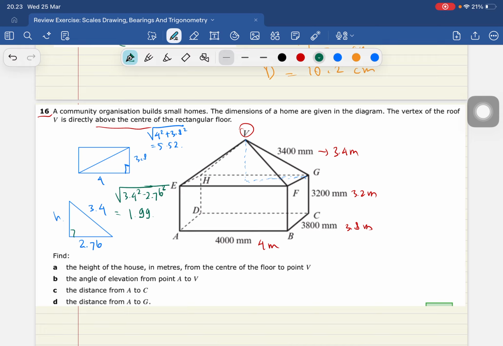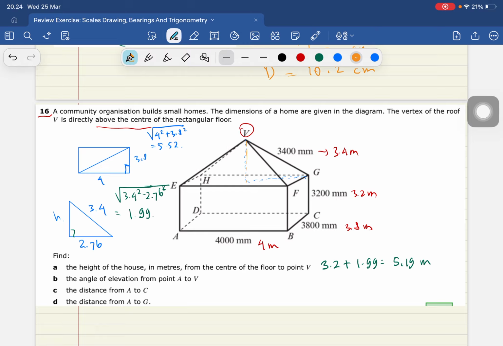So from the floor, as this is 3.2, we add 3.2 plus 1.99. So the answer is going to be 5.19 meters.